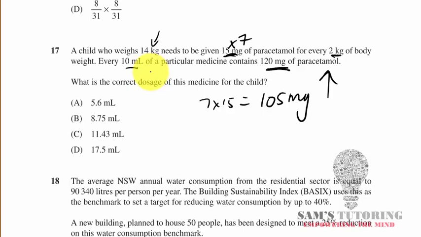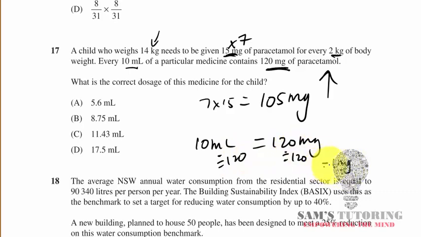And it says that for 120 milligrams, I'm going to have 10 mils of this particular medicine. But I don't want 120, I only want 105. So the easiest way to always think about it is to get this 120 into 1. So we're going to divide this by 120, divide this by 120. You get this into 1 milligram, which is going to be a very small number, 0.08333, etc. And then how do I get 1 into 105?